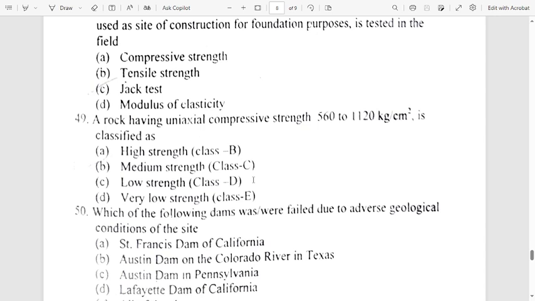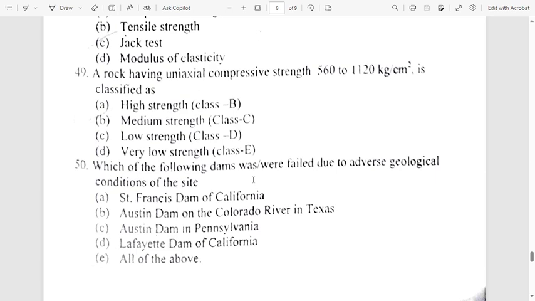Which of the following dams was or were failed in adverse geological conditions of the site?